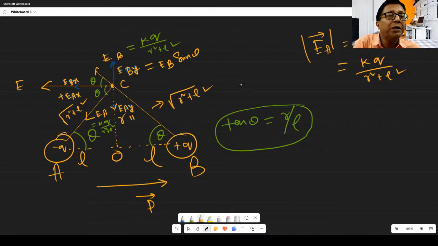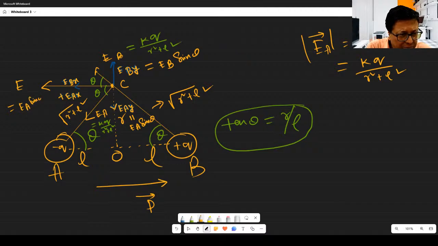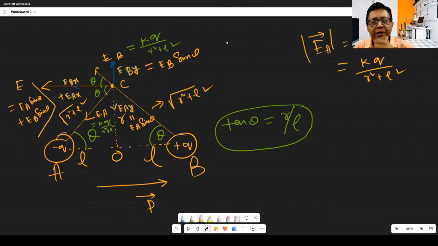EAY will be what? EA sin theta. Okay? So this is going to be EA sin theta plus. So mod EA equal to mod EB, that is KQ by R square plus L square.